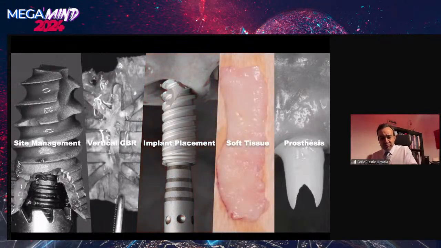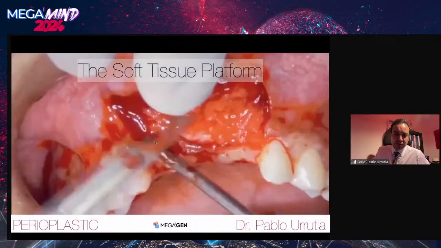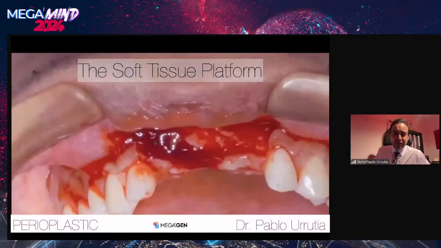In the soft tissue management, I have to keep in mind that we need the vertical and the vestibular aspect to have the proper aesthetic. So we do what Zucchelli described as a soft tissue platform.